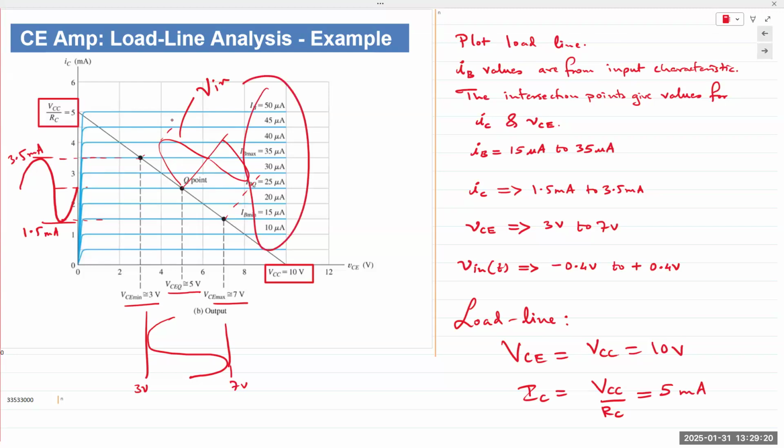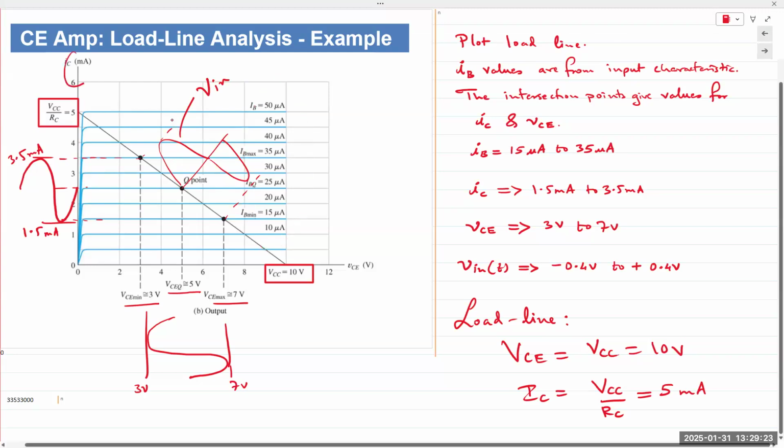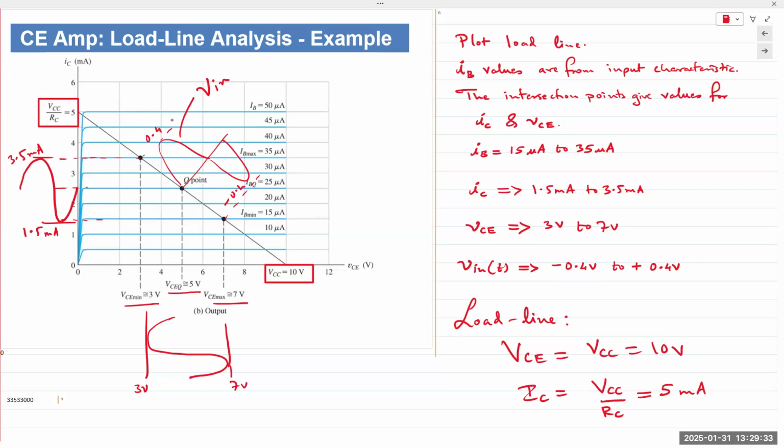This is in microamps, this is in milliamps, and this is in volts. So V in goes from plus 0.4 to minus 0.4. The intersection point on IB is 25 microamps here, and IC is approximately 2.5 milliamps.